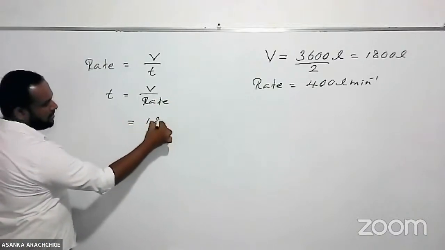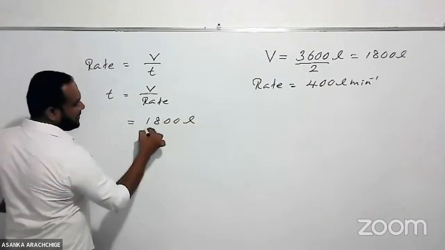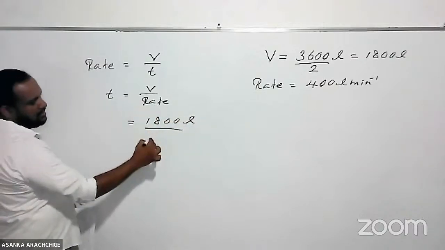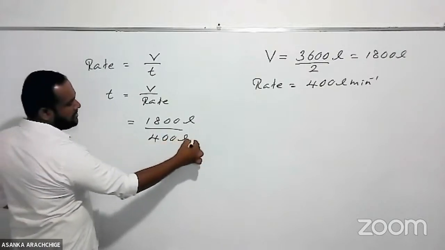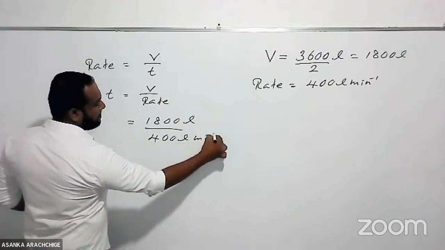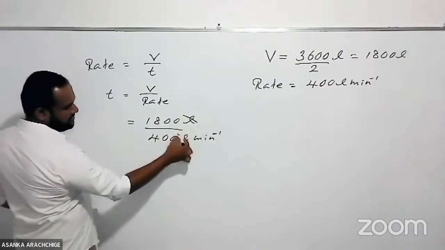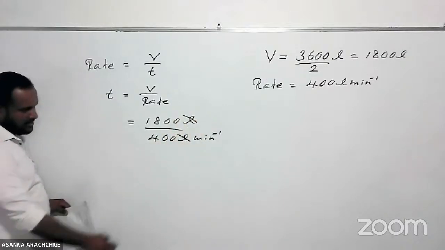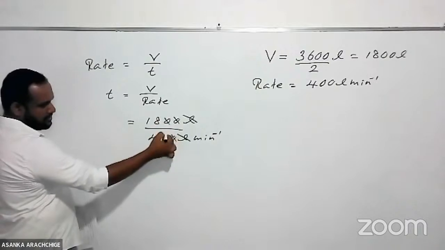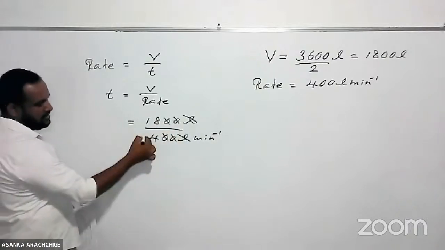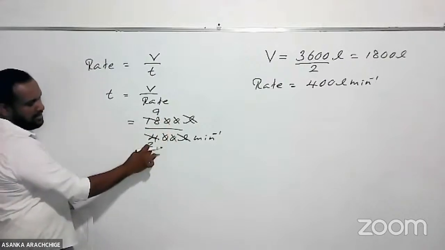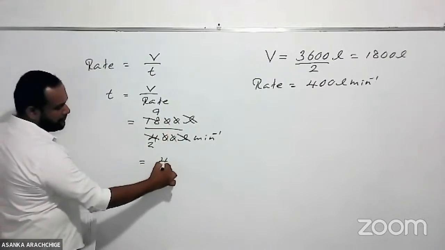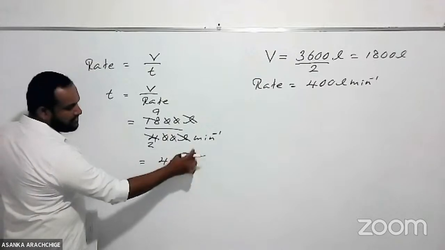Volume is 1,800 liters. The water flowing rate is 400 liters per minute. Liters can be cancelled. The zeros can be cancelled. 2 times 2, 2 times 9. 9 divided by 2 is 4.5.